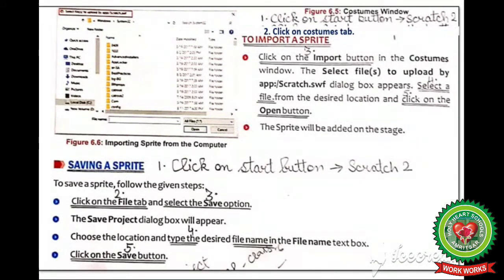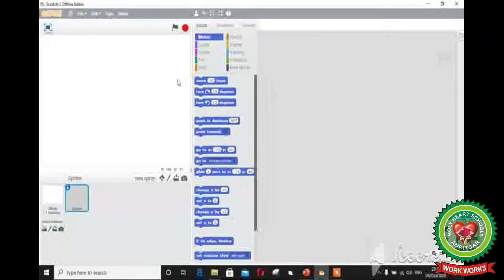If you do not want to draw your own sprite, you can import a sprite from your computer also. So let's do it practically. Now I am going to show you the steps how you can import a sprite.